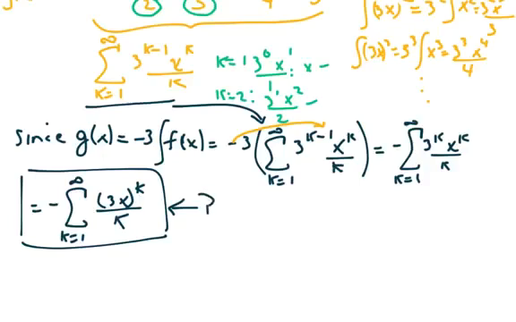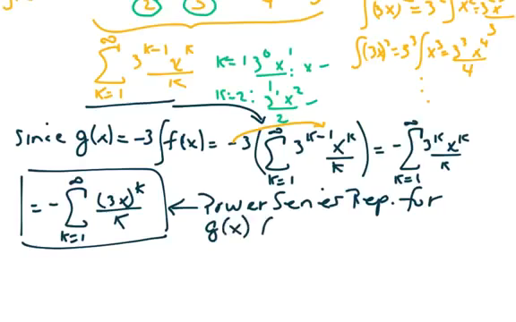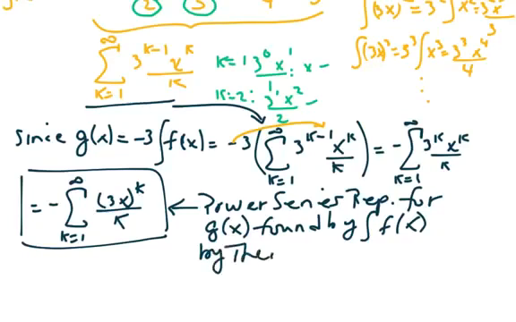So this is the power series representation for g of x found by integrating f of x. And by the theorem, this is where the theorem comes into play.